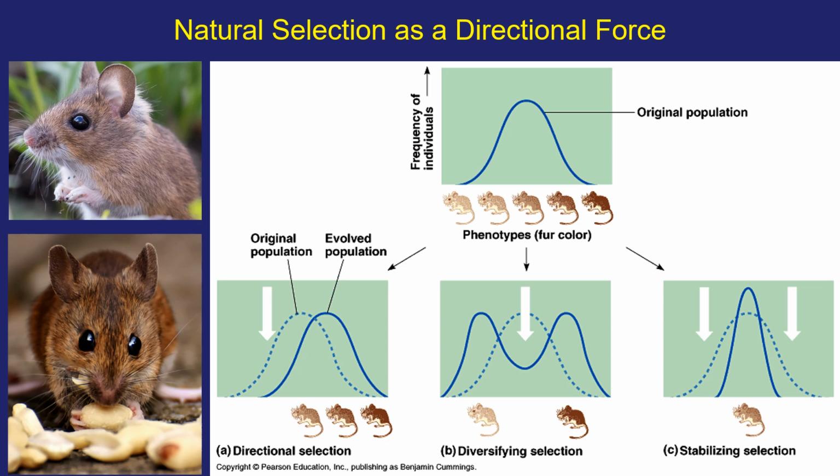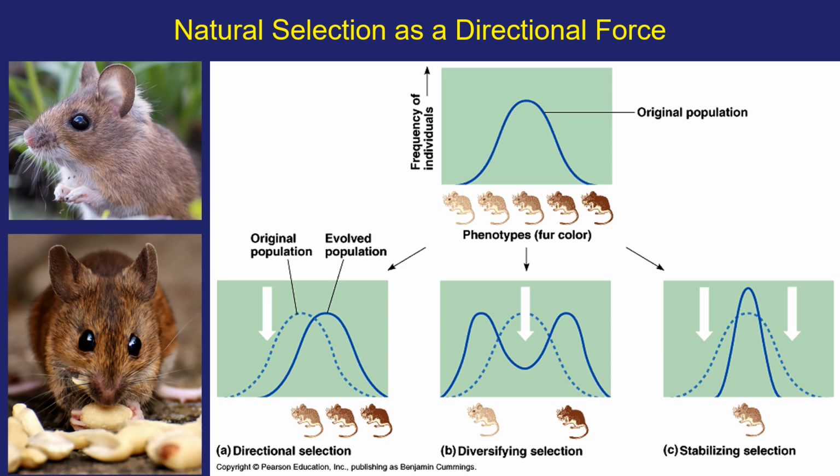Let's go to B. So in B, we have diversifying selection. So perhaps these mice have started to colonize different microenvironments. Within any environment, there's going to be areas that are slightly different, and there's going to be different camouflages that work well.